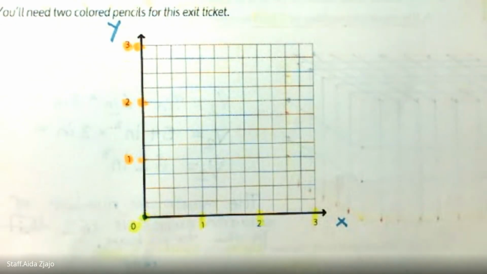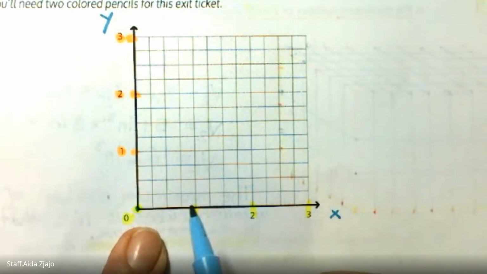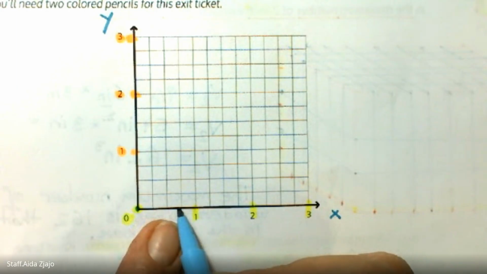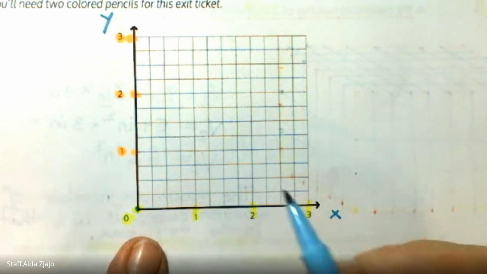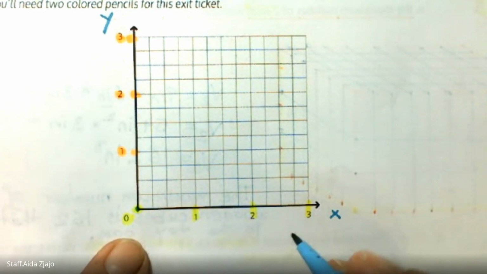Okay, so we can notice that our grid is in between 0 and 1. We look at the spaces. It's 1, 2, 3, 4. That tells me that these are in between our fraction pieces.